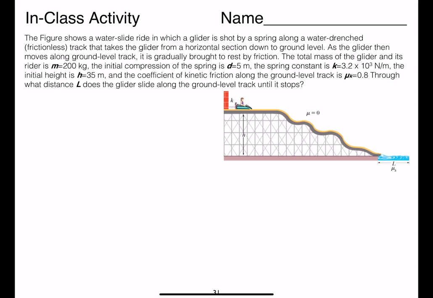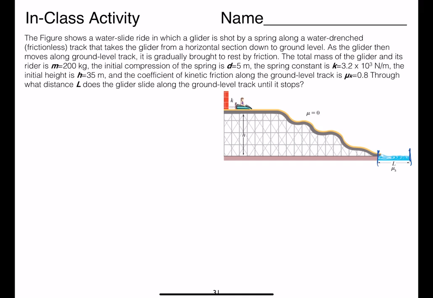The figure shows a water slide in which a glider is shot by a spring along a water-drenched frictionless track that takes the glider from a horizontal section down to ground level. As the glider then moves along the ground level track, it is gradually brought to rest by friction.